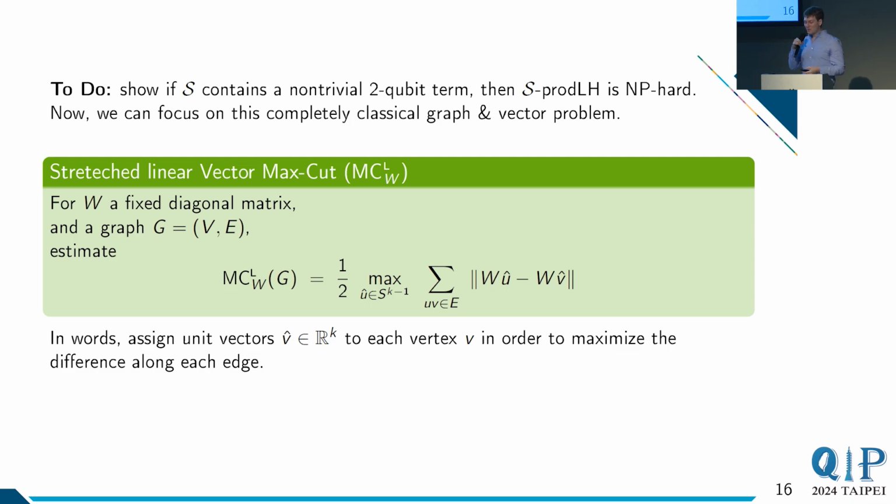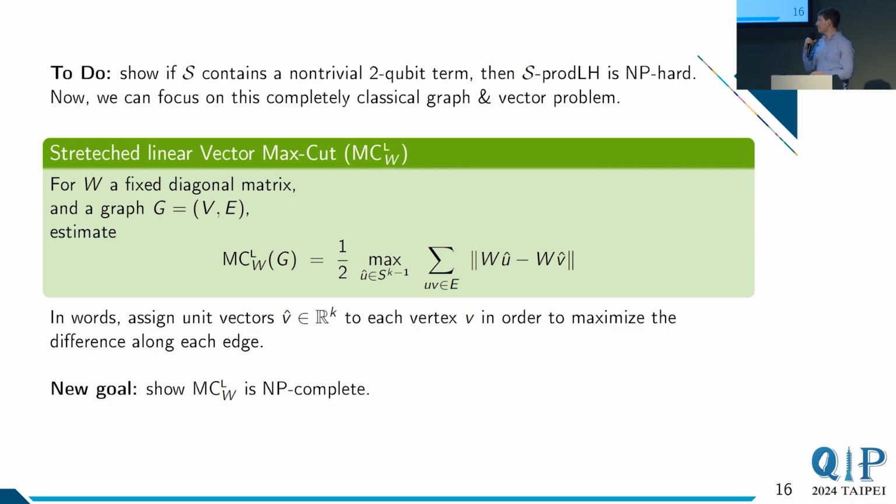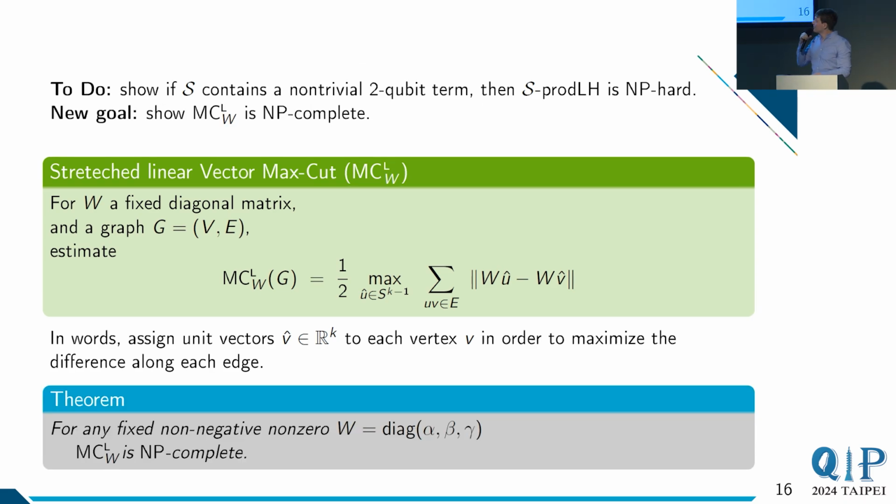Right, this is similar to the traditional max cut problem where you assign labels to each vertex with the goal of having the maximum number of edges with opposite labels. Except here, you're trying to maximize the number of vectors that are far apart. And our goal now is to show that this objective function is NP-hard. And that's what we end up showing.